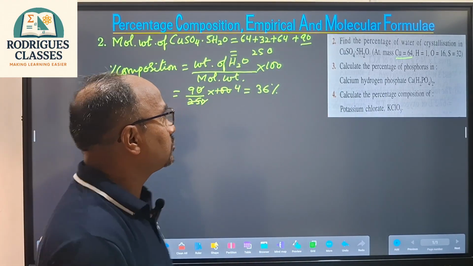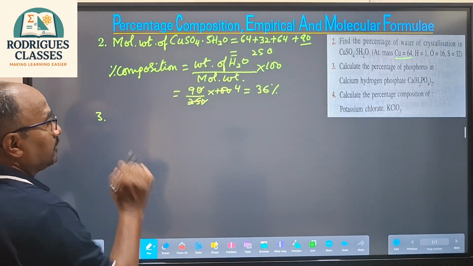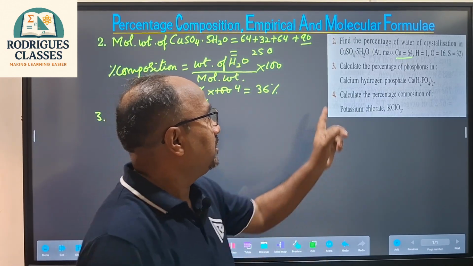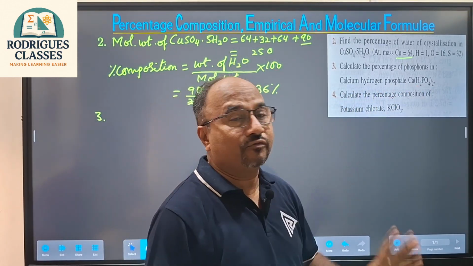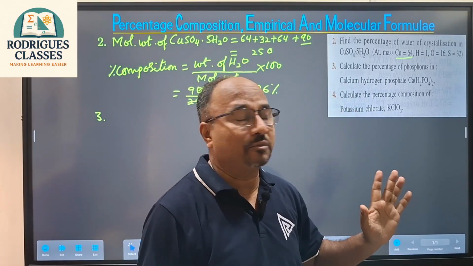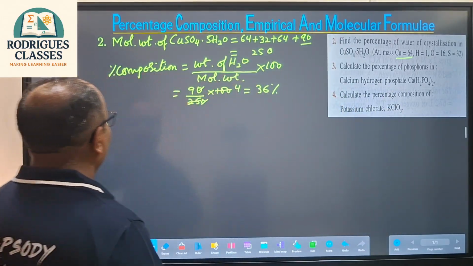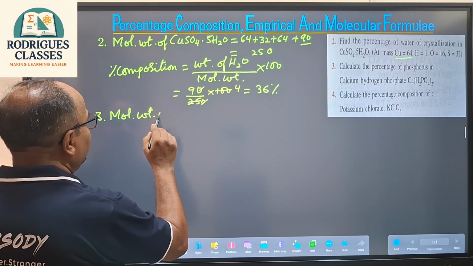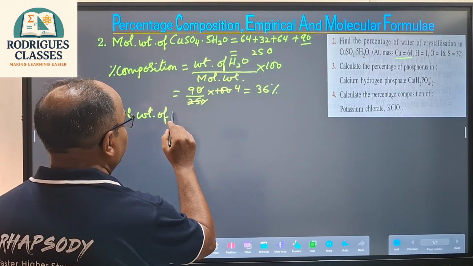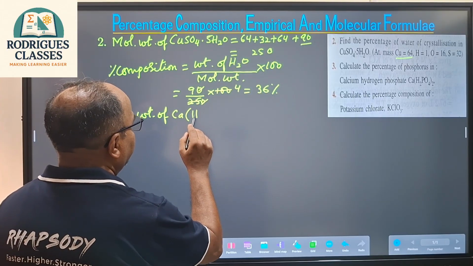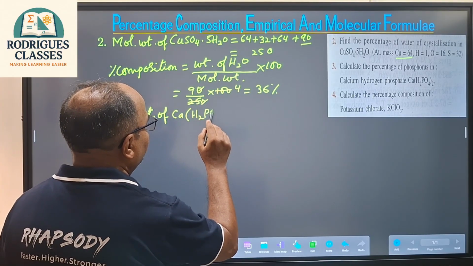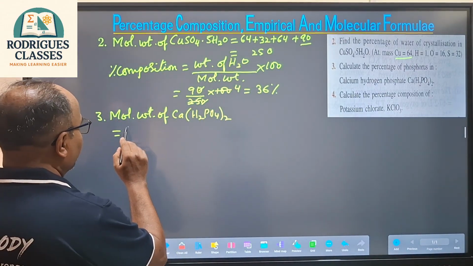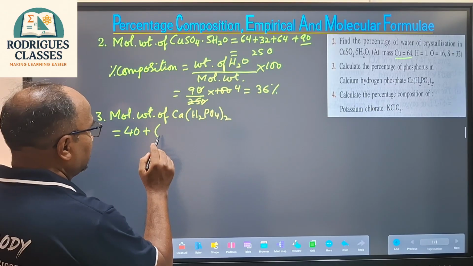Now let us come to question number 3. It says calculate the percentage of phosphorus in calcium hydrogen phosphate. The process will be the same. We will first find its molecular weight. So the molecular weight of Ca(H2PO4)2. We are going to write here for calcium it is 40, then the bracket.